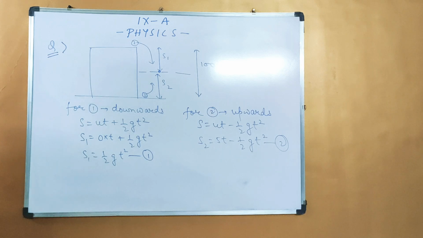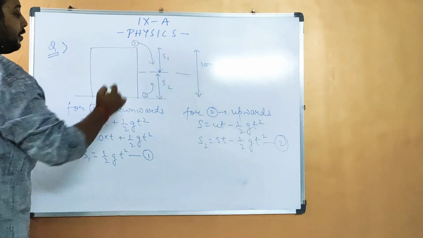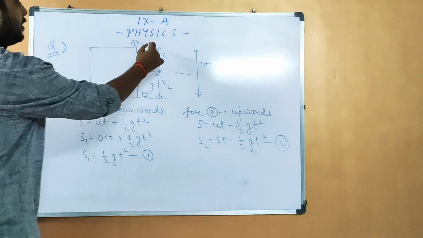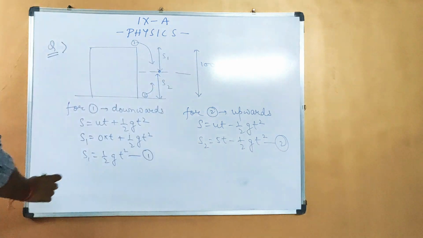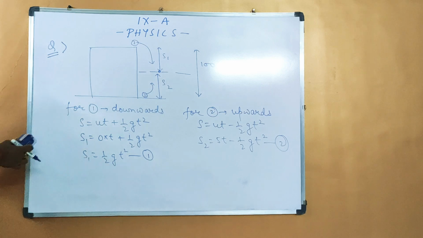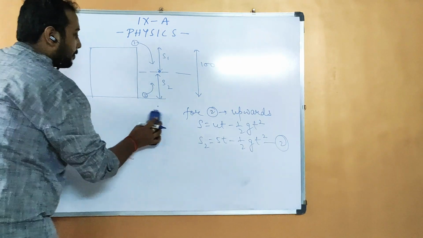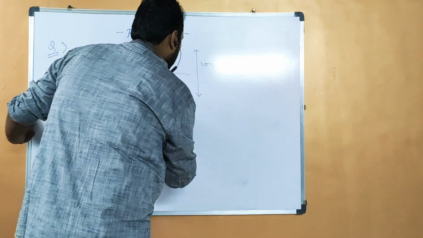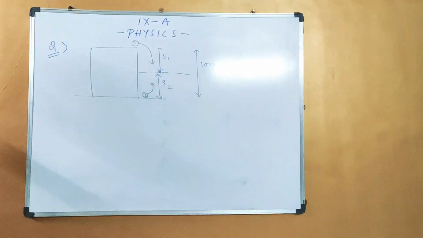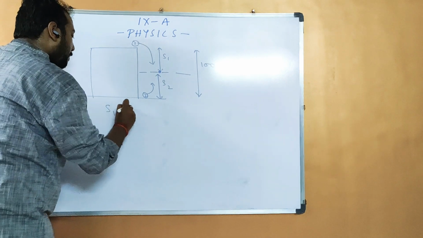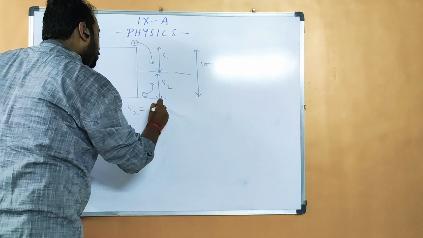Now tell me, what will be S1 plus S2? As you can see in the diagram, S1 plus S2 will be equal to 100 meter.